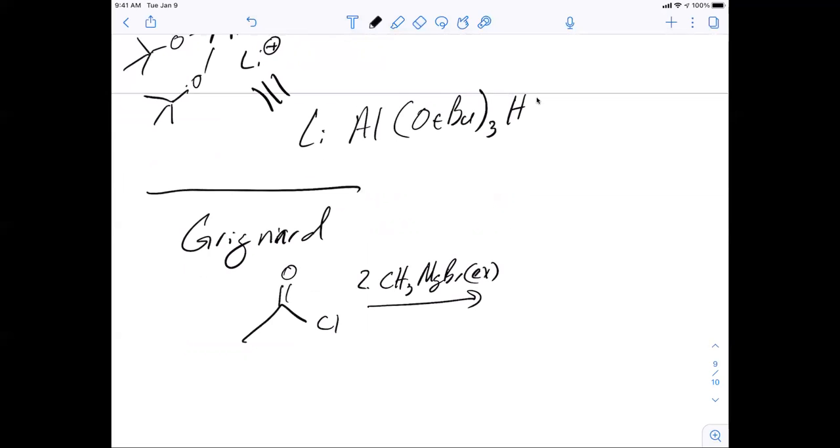But you're going to need minimum 2 equivalents. And I drew that as a 1, but that's supposed to be a 2. I mean, that's supposed to be a 1, not a 2. And then second step, we add our water.